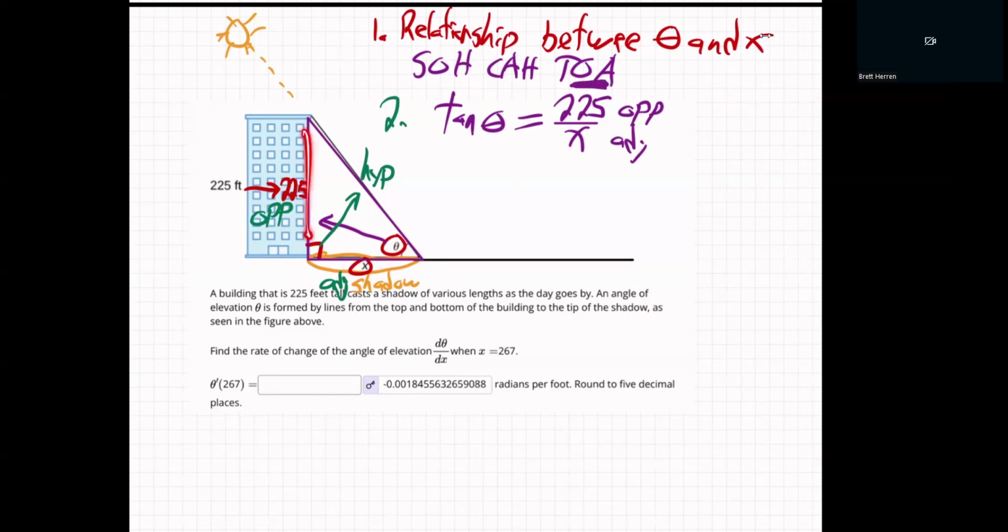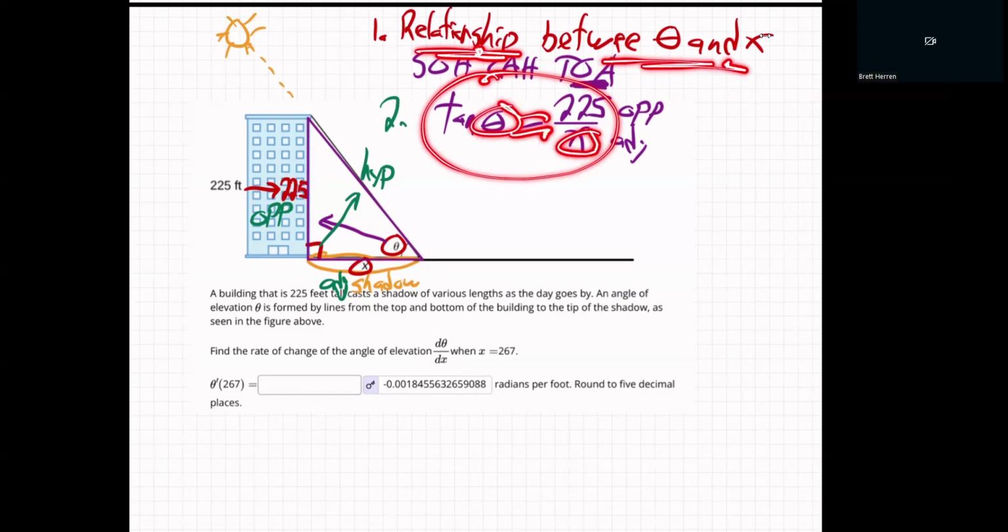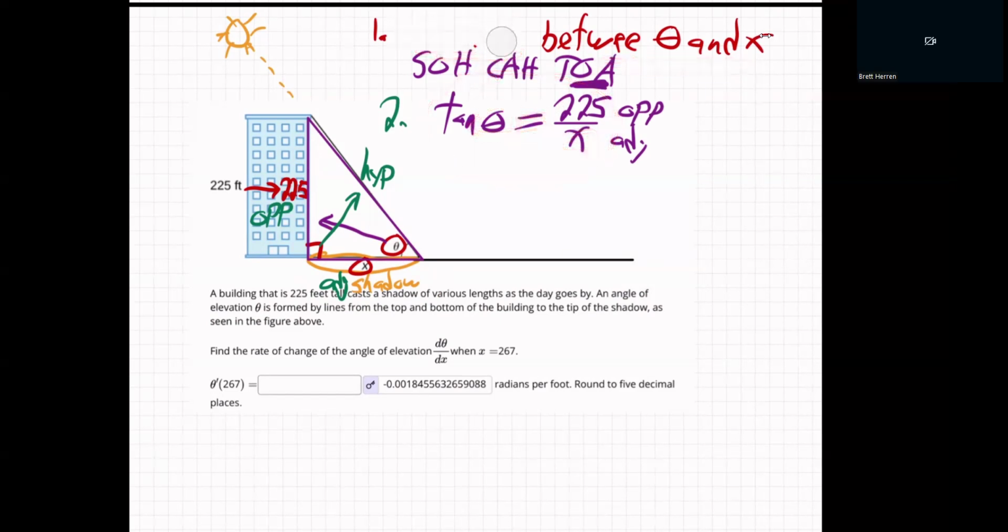So there is a relation, a connection, an equation between theta and x. We've got a theta, an x, and an equal sign in the middle. That's it. When we say relationship, we really mean equation, something that connects them. Okay, so there we go.